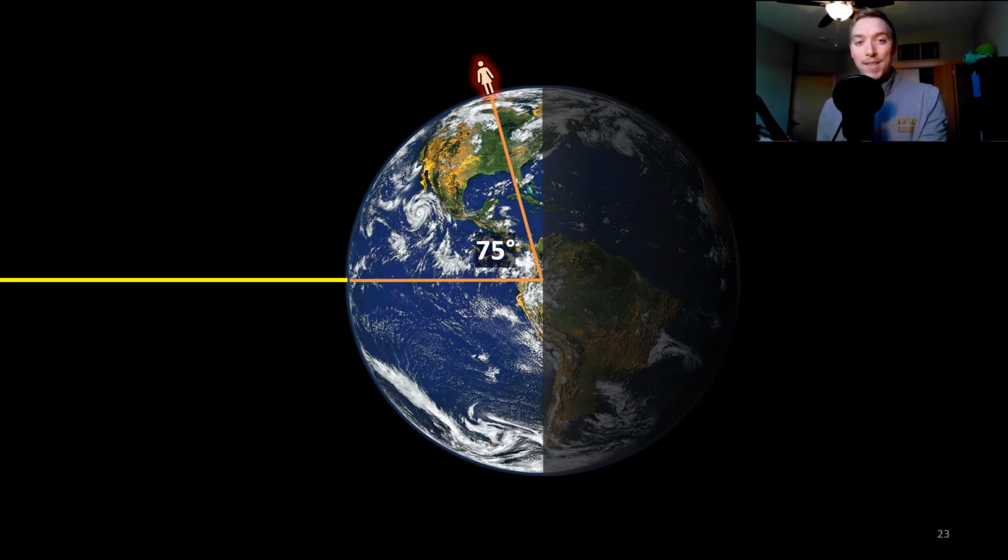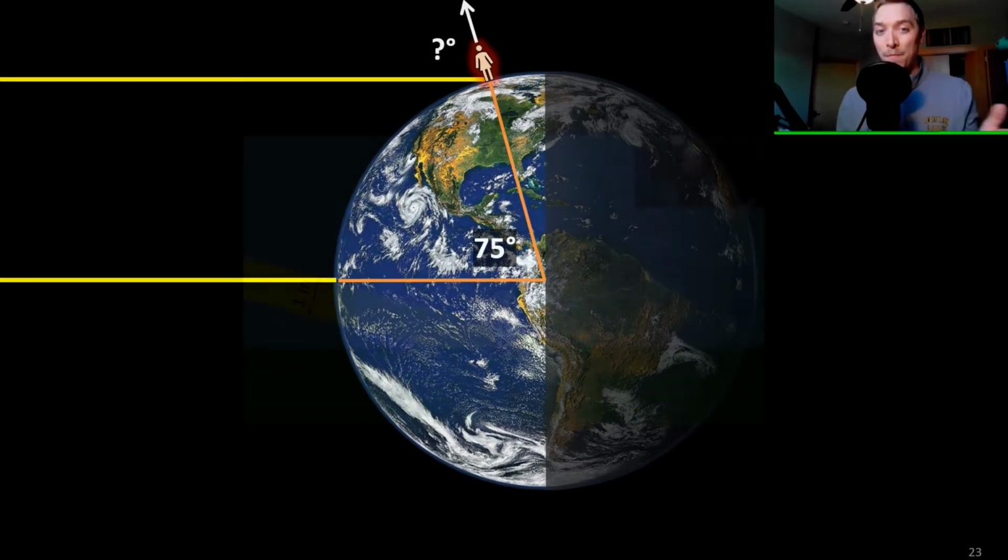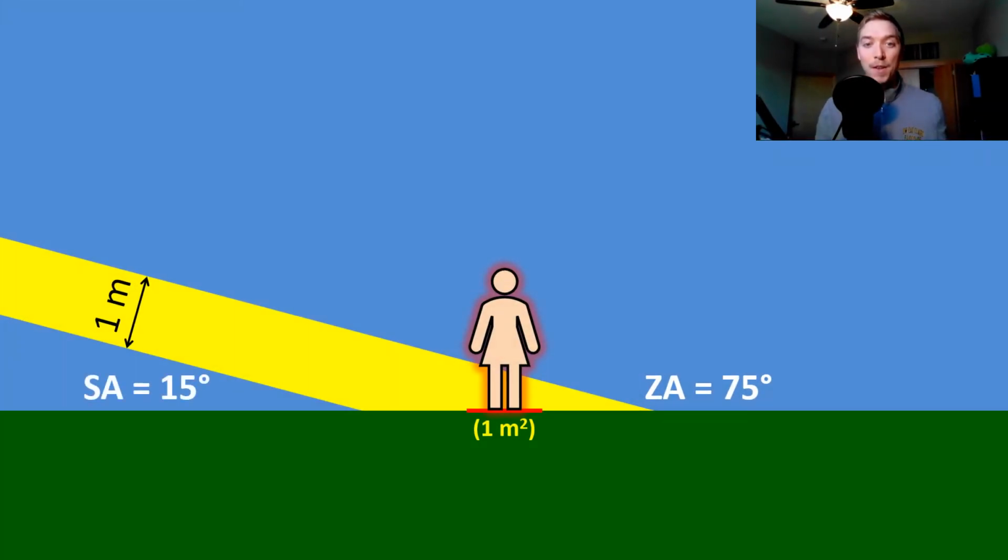Here we are at 75 degrees relative to the subsolar point, so way up in the northern portions of the world. Our sun angle, 15 degrees. So notice, and this is a good one to start really noticing this, look at the dispersion or diffusion of this solar ray on the surface.